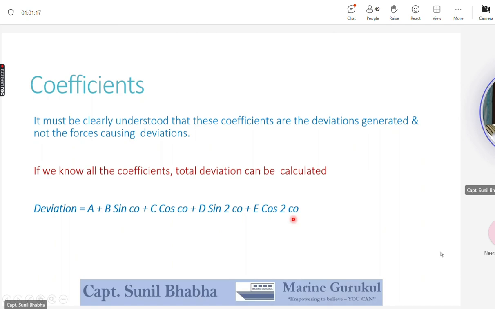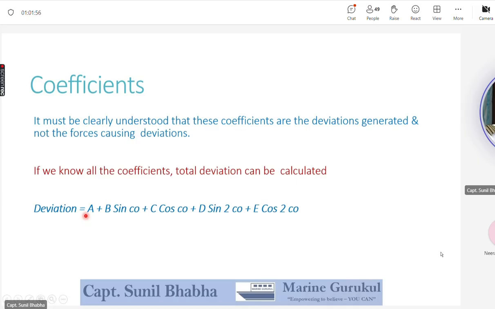Just to give you an example, in this formula, if you see, coefficient A is not connected to the course at all. The contribution which coefficient A is providing to the deviation of the ship is not connected with the course. So what does this tell you? This tells you that this particular coefficient is independent of the course of the ship. The ship may be on northerly heading or easterly, southerly, westerly, any heading. The contribution of coefficient A is going to remain the same.